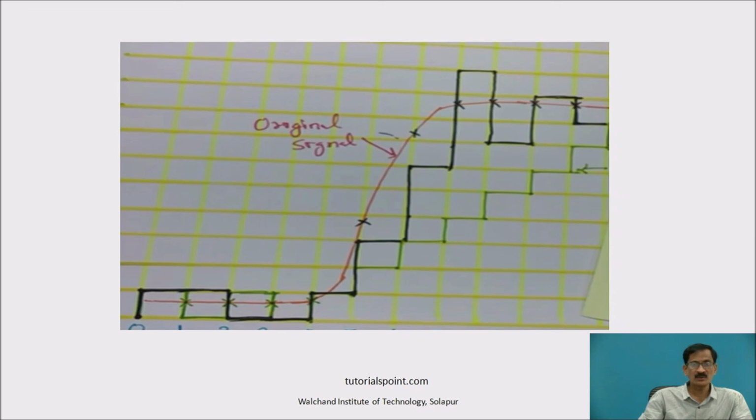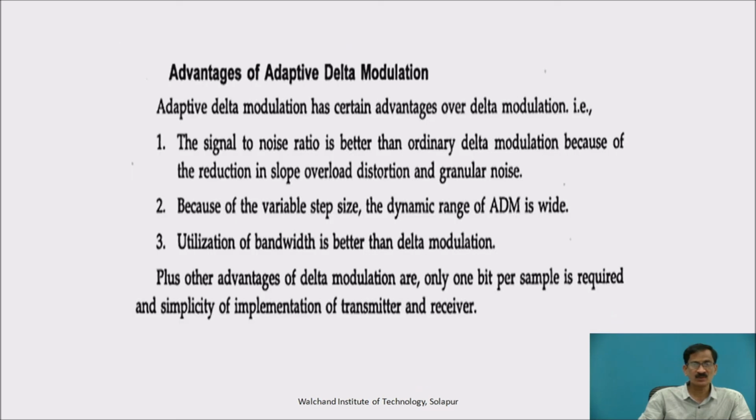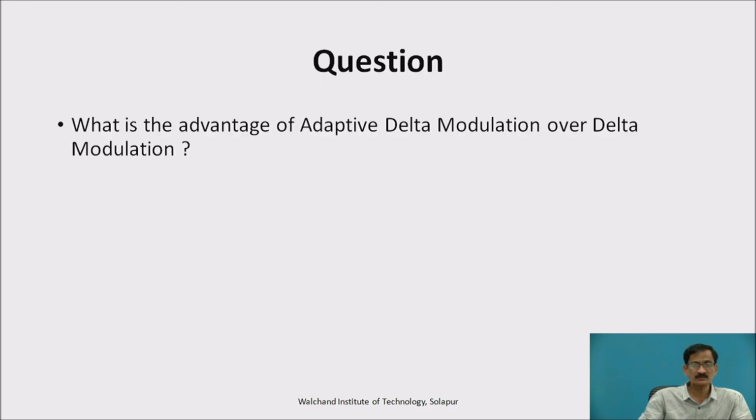Also, when there are large variations in the input analog signal, the step size is increased. So this is the advantage, in which the error is reduced: the granular noise and slope overload distortion.